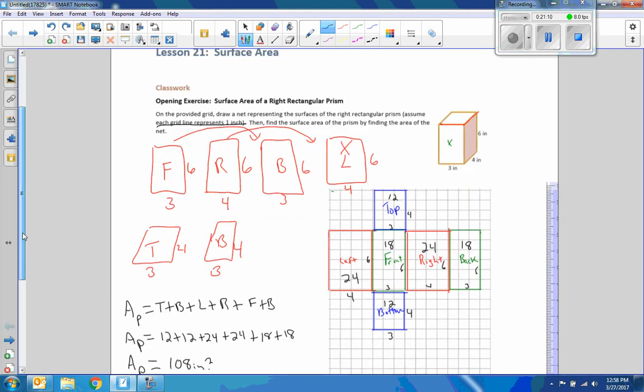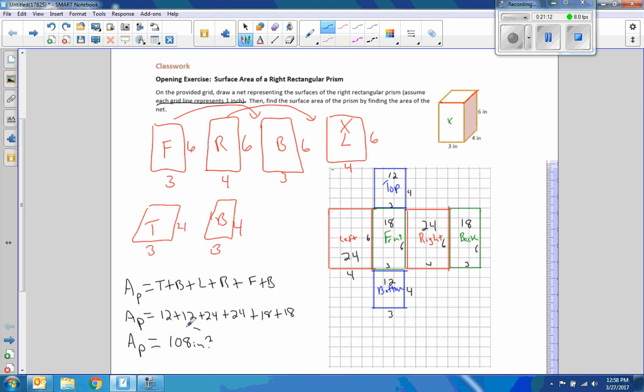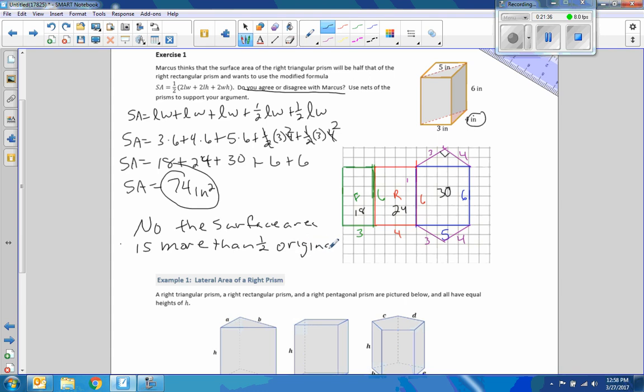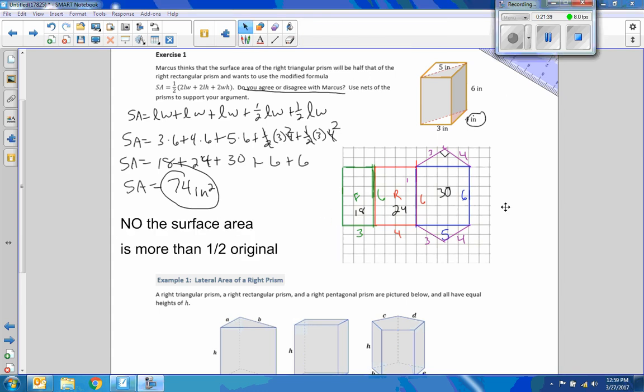And if I go back, the question's asking, is it half? Well, half of 108 is 54. This is 74. So do you agree with Marcus? I would say no. The surface area is more than 1/2 the original.